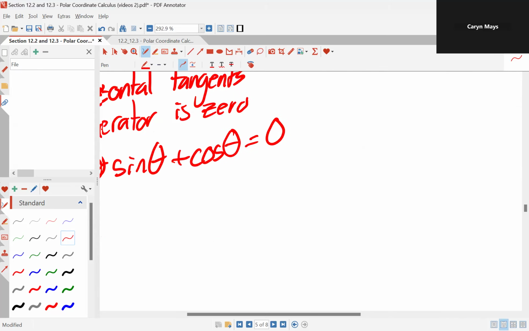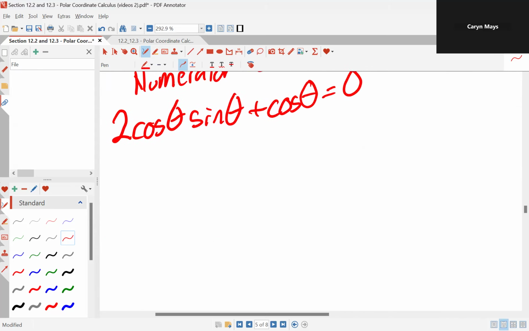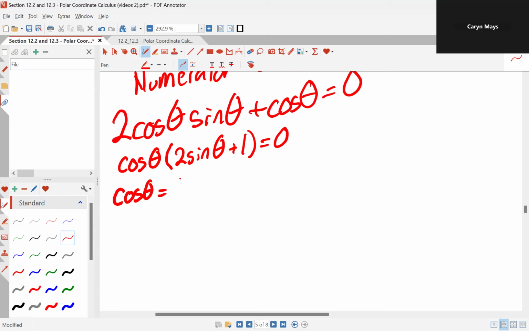Where does that happen? Solving this equation, I'm going to factor out this cosine. We'll get cosine theta times 2 sine theta plus 1 equals 0. And we get two expressions to solve. We'll solve for when is cosine theta equal to 0, and when is 2 sine theta plus 1 equal to 0.